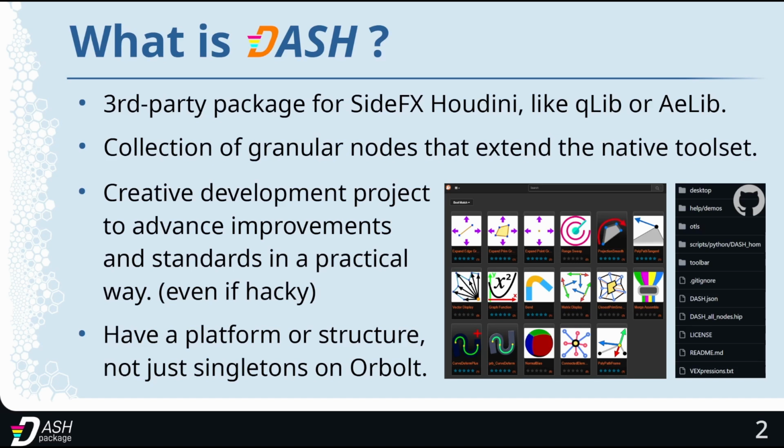This project also gives me a platform and a structure that allows me to continuously publish and support some of these nodes. I've used Orbolt a lot over the years, and most of what I put in there was just singleton items, something I thought was useful for me and maybe for others.